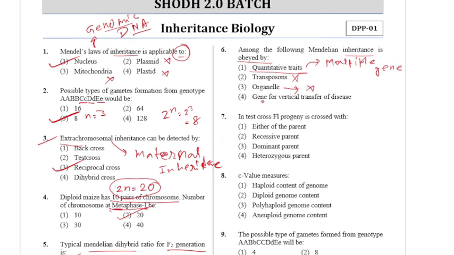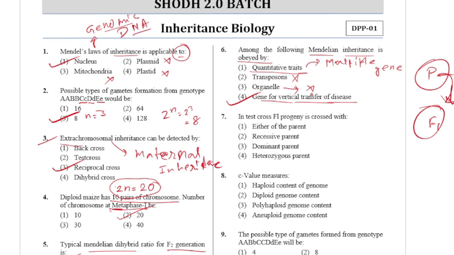And then gene for vertical transfer of disease, that could follow Mendelian inheritance. Vertical transfer means transfer from the parental generation to the F1 generation, that is, from parental to filial generation.